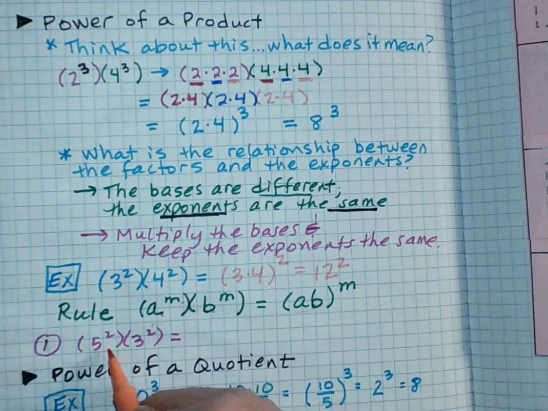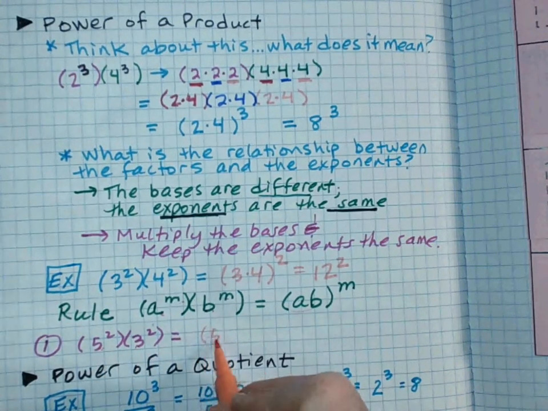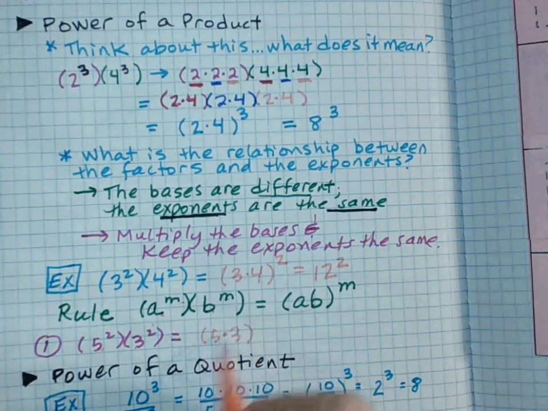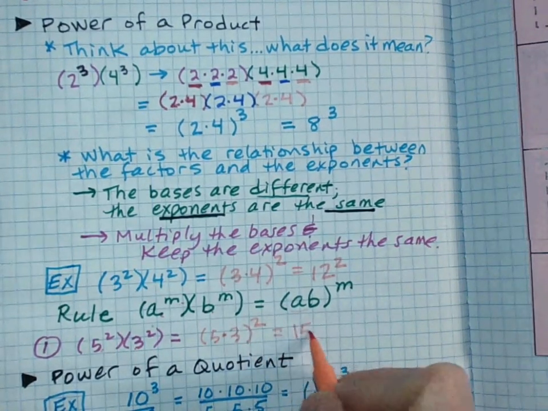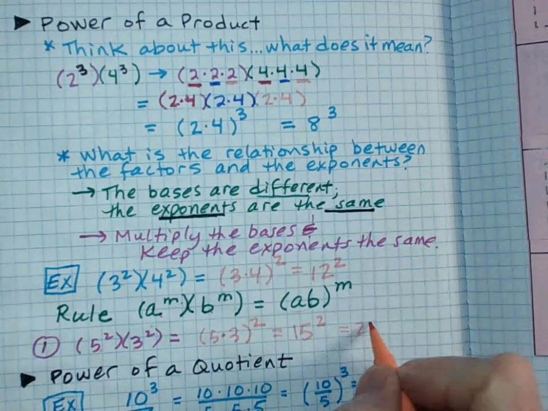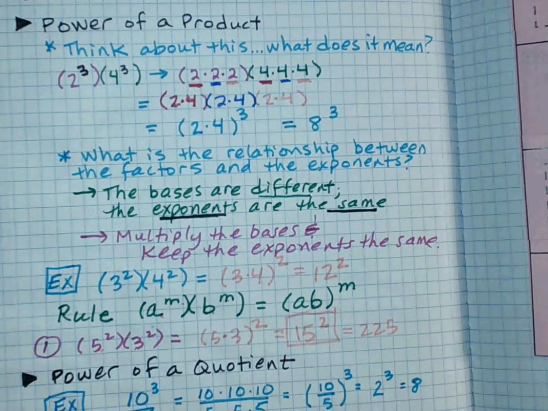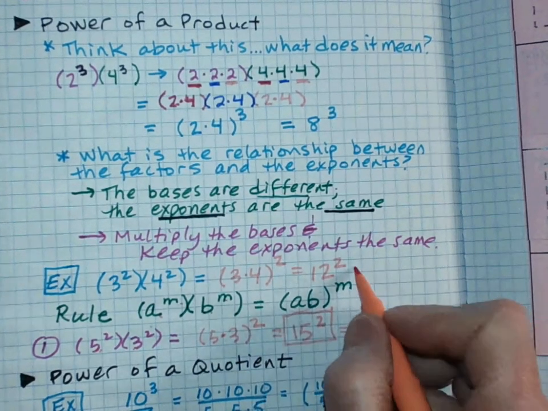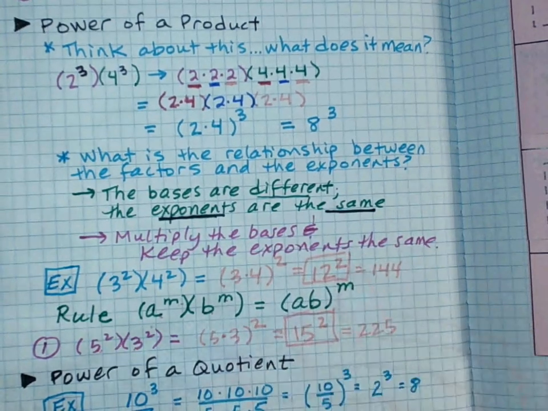So here for this example, my bases are 5 and 3, so I multiply those and I keep my exponent the same. So this is just 15 squared. I happen to know that's 225, but most of the time I'm just happy with you telling me what the exponent is. Same with here, 12 squared is the same as 144, but I'm really more interested in the exponent and your power.